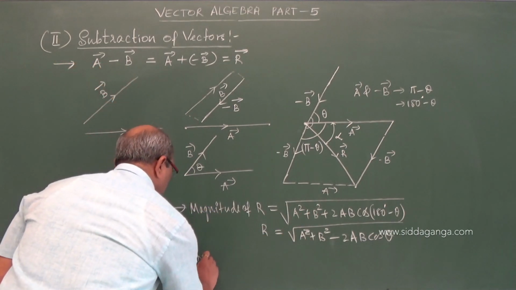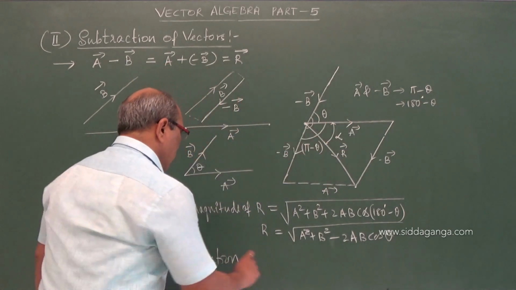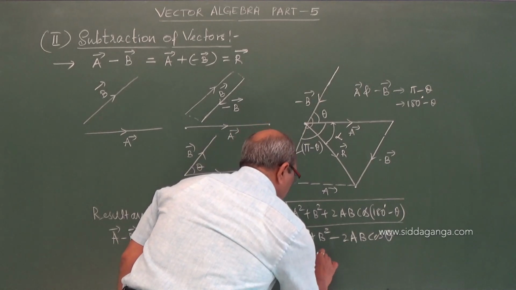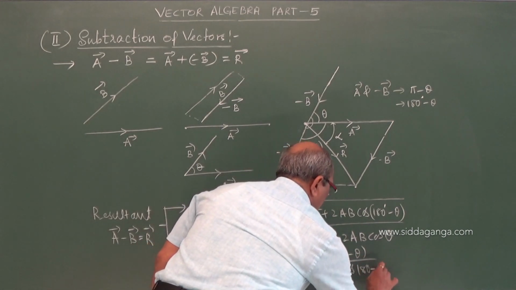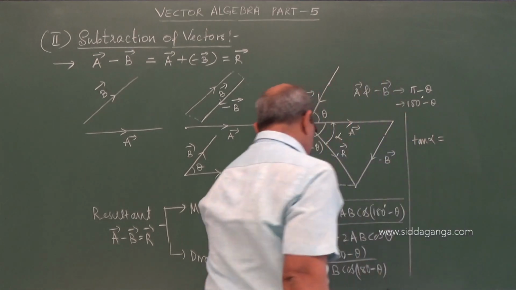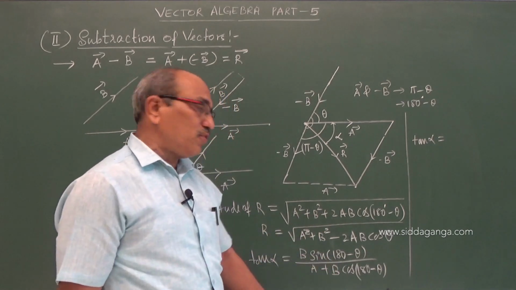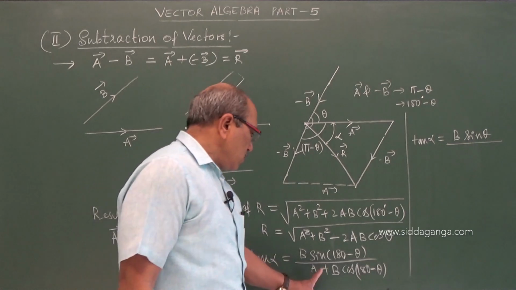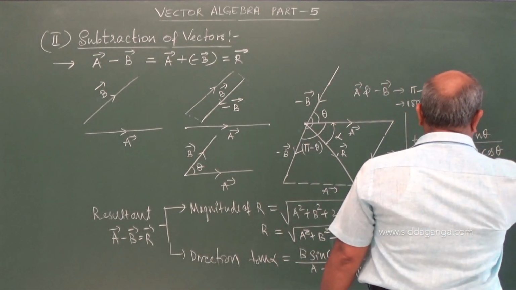Coming to direction, alpha is the angle made by R with respect to A. Tan alpha is equal to b sin of 180 minus theta divided by a plus b cos of 180 minus theta. Sin of 180 minus theta is sin theta, which is positive in the second quadrant, so it remains b sin theta. Cos of 180 minus theta is minus cos theta, so the denominator is a minus b cos theta.